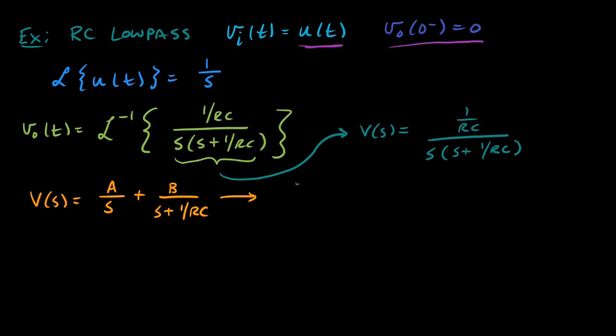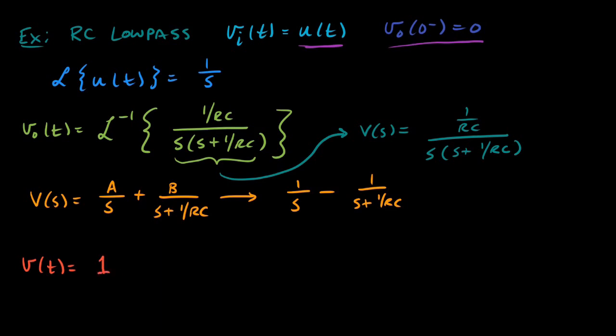So this is going to be 1 over S minus 1 over S plus 1 over RC. All right, just remember, we don't have to deal with initial conditions here, so I can take the inverse Laplace transform, and I can say V out of t is going to look, well, the first term is going to be 1 over S. It's just going to be a constant, right?